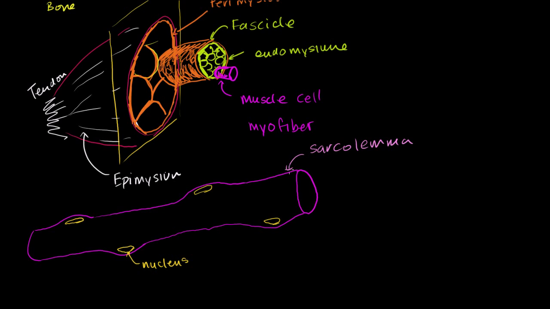And then if you go even within, if you take the cross section of that, there are even tubes within that. There are tubes within that called myofibrils. So here, there's a bunch of tubes inside of the actual cell. Let me pull one of them out. So I've pulled out one of these tubes. This is a myofibril.